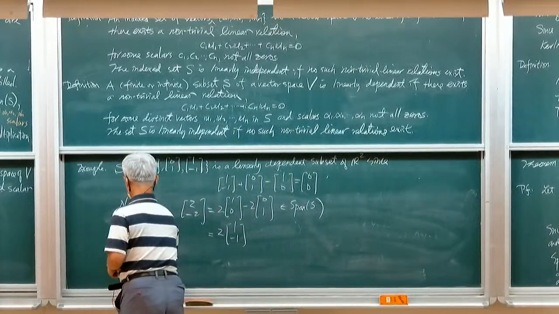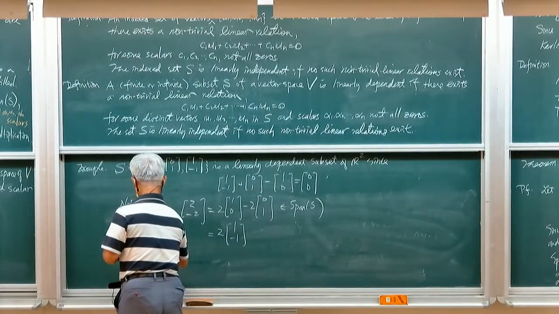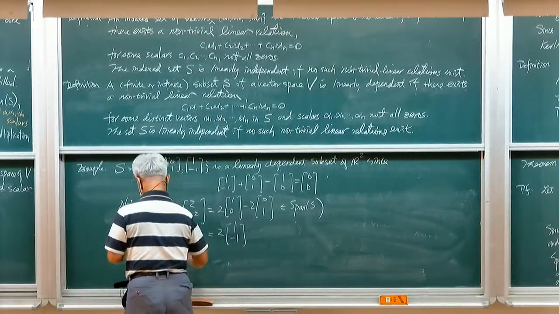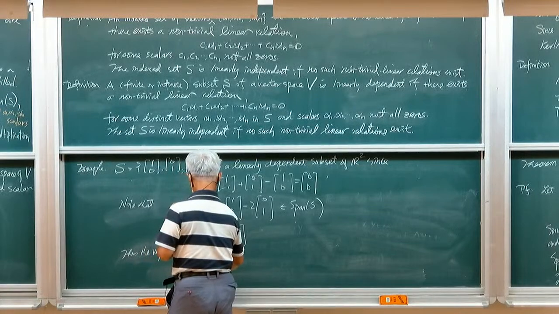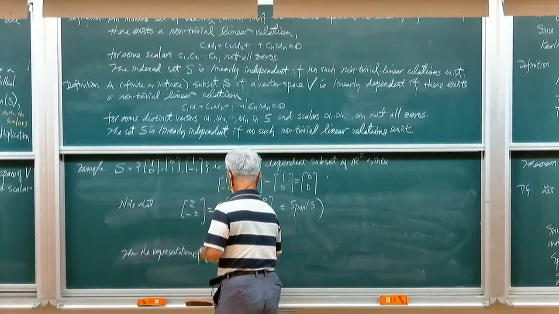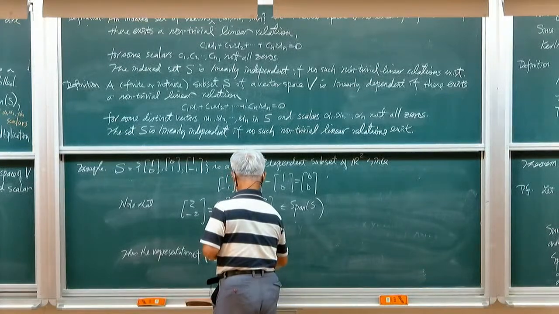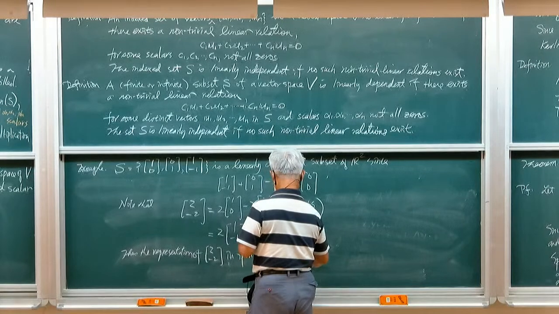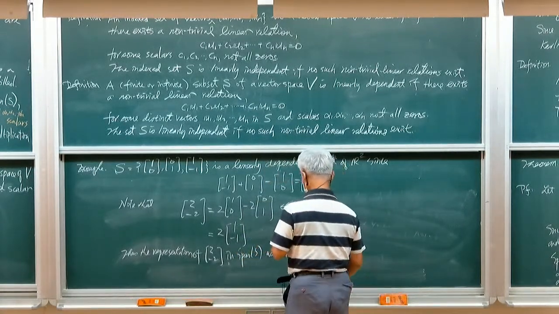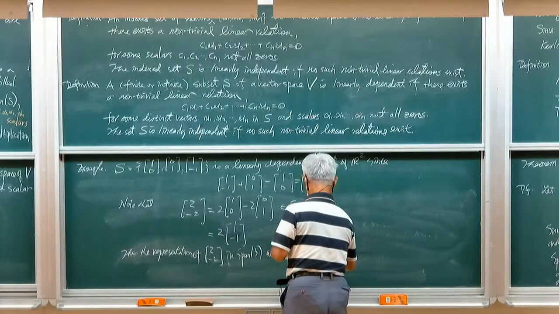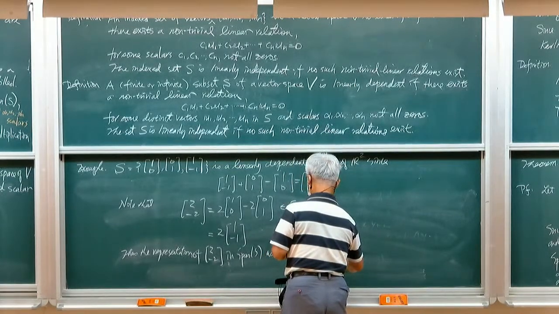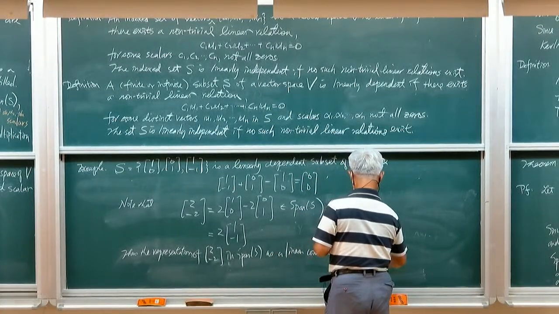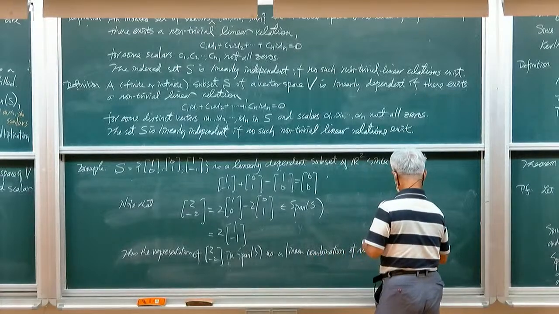Thus, the representation of (2, -2) in the span of S as a linear combination of vectors in S is not unique.